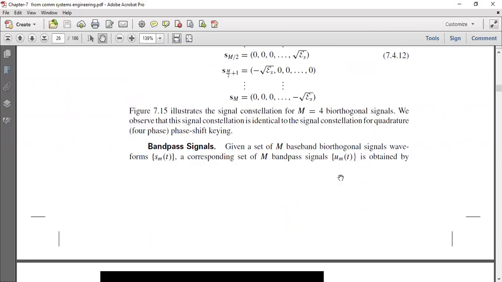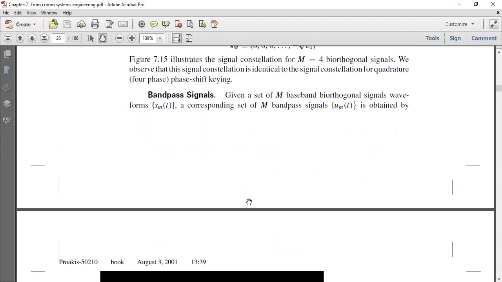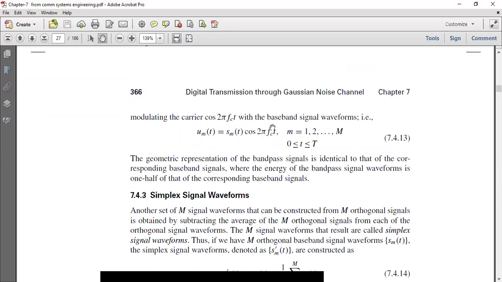Similarly, we can create its bandpass signals by simply multiplying the baseband signal with the carrier cosine 2 pi fct. The geometric representation of the bandpass signal is identical to that of the corresponding baseband signal, where the energy of the bandpass signal waveform is one half that of the corresponding baseband signal.